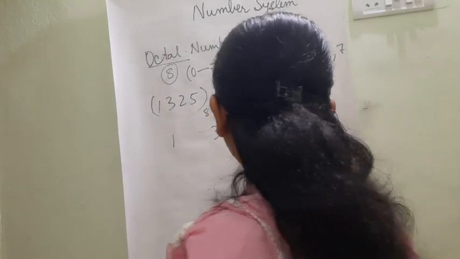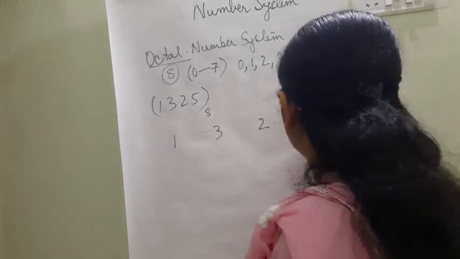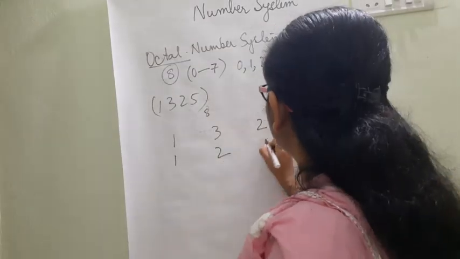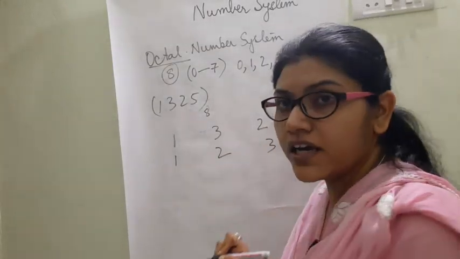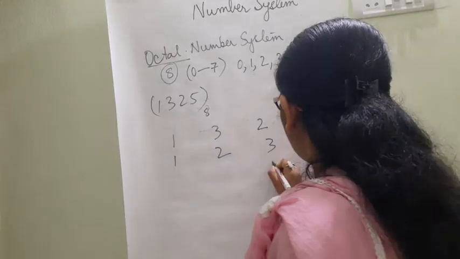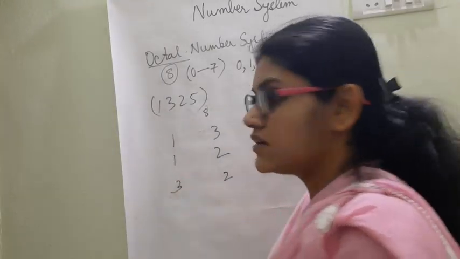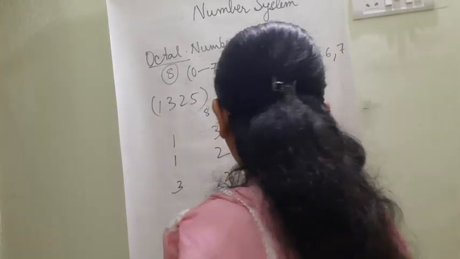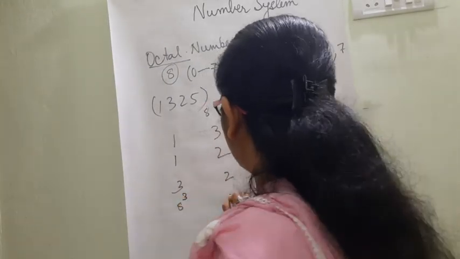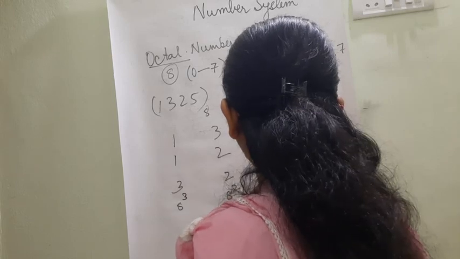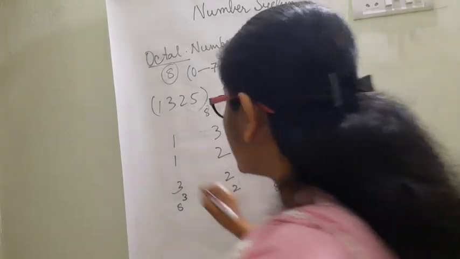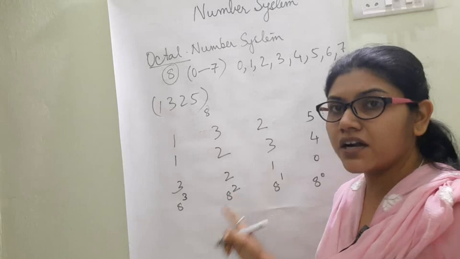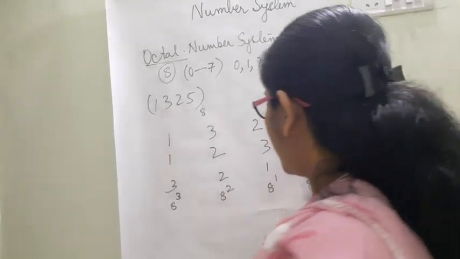Positions 0, 1, 2, 3. Now 8 to the power 3, 8 to the power 2, 8 to the power 1, 8 to the power 0. Because the base is 8, it is octal, we are converting the octal, then it will be like this.